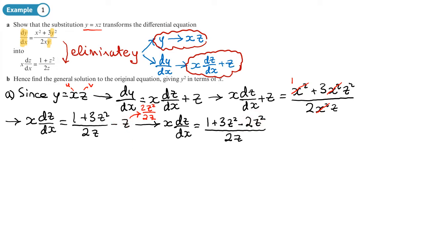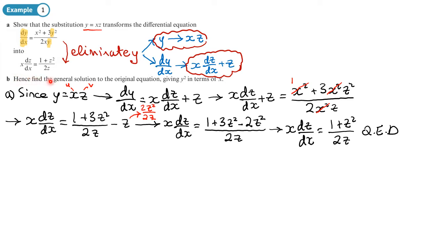Now I think we've pretty much finished, and we have the expression that they've asked for, because if we do 3x squared minus 2x squared, that's just x squared. So I have 1 plus z squared over 2z, so I've got that expression as required. So part A is done.